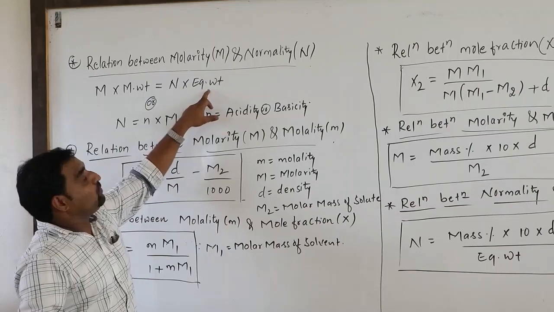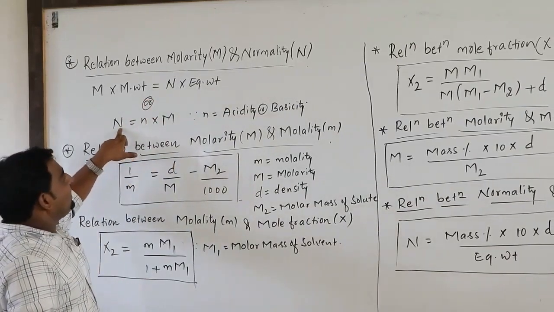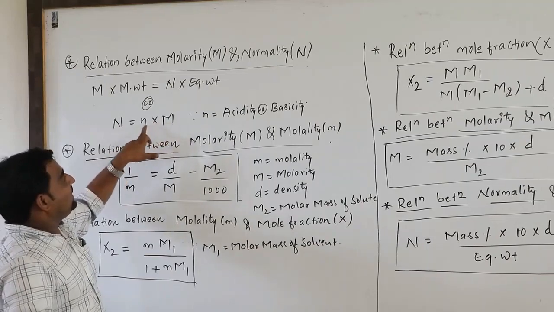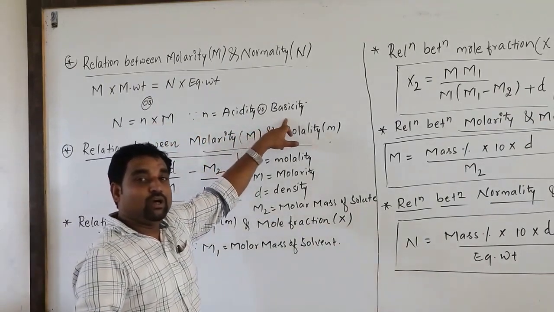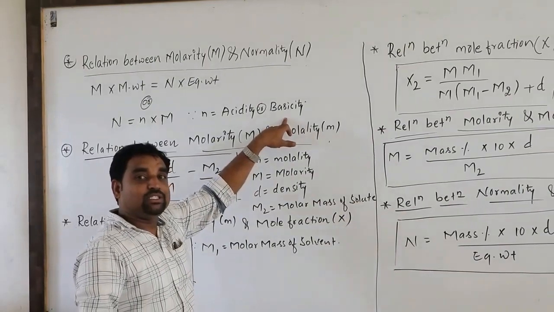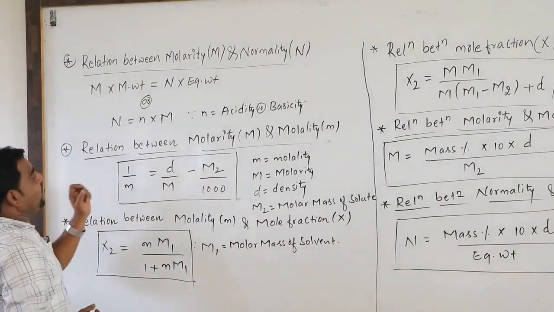As we already know how to calculate the equivalent weight, normality is equal to n into molarity, where n is the acidity or basicity, which we already know how to calculate. So that is one formula between molarity and normality.